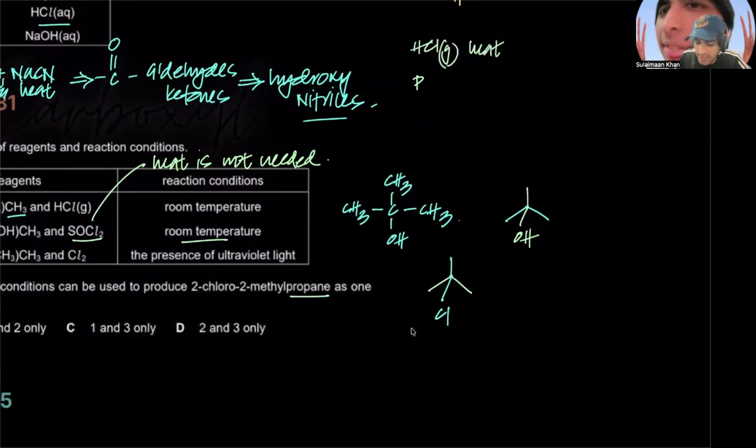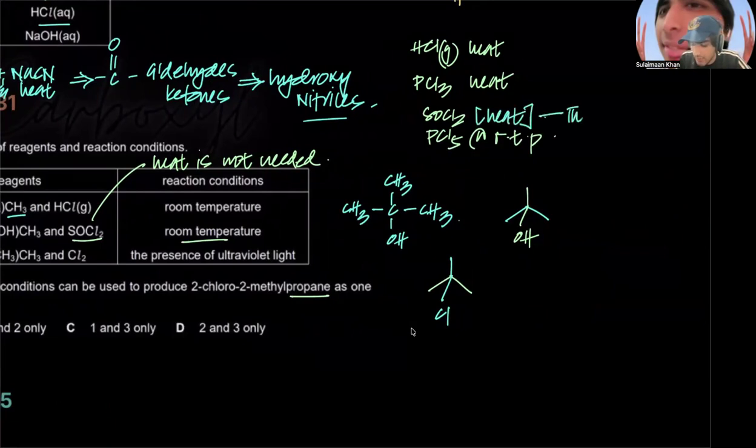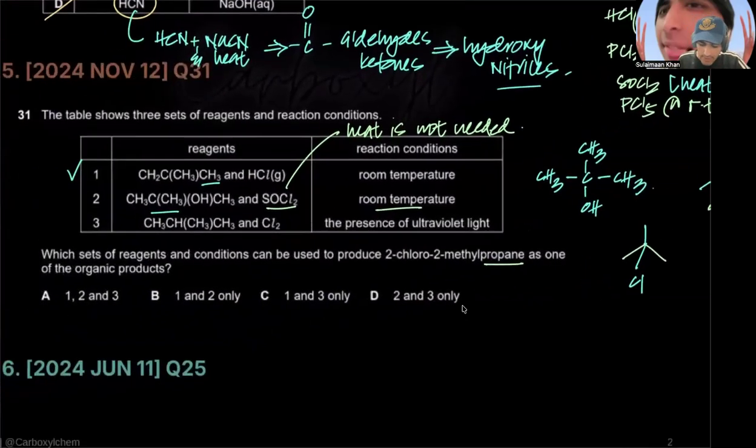If you're adding PCl3, you heat. But normally with SOCl2 as well as PCl5, this is at RTP. But in the theory questions, the examiner writes heat as well with SOCl2. But I've always said in my live class that normally heat is not needed for SOCl2, if you remember. So that's the idea.